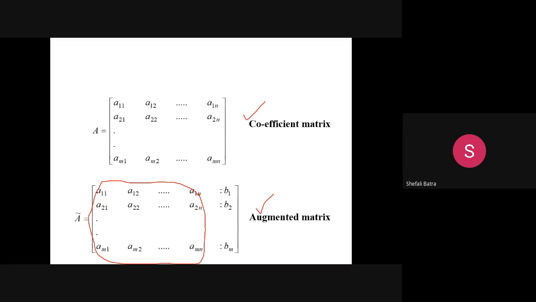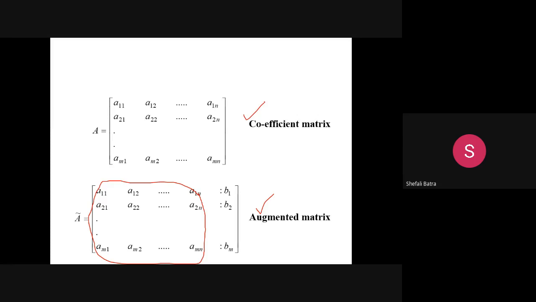If the system is consistent, that means the system has one or more solutions. Right? If you are able to get the solution of the given system of equations, then you can say that the system is consistent. If you are unable to find the solution, then you will say that the system is inconsistent.